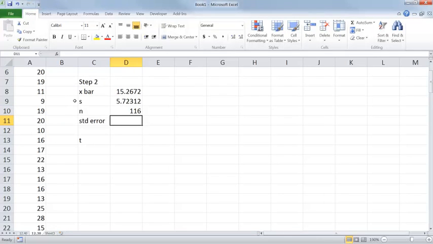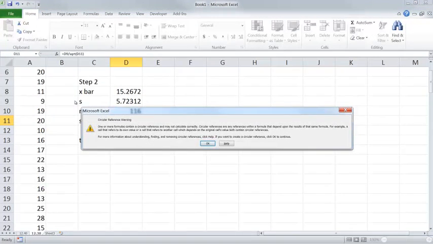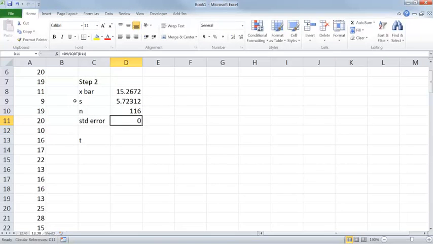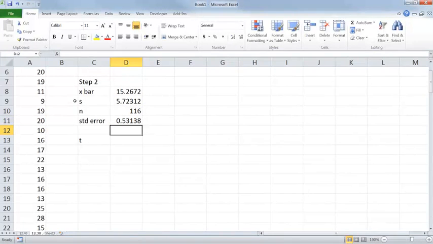So 116, okay. Remember the standard error then is just s divided by the square root of n. Equals s divided by the square root of n. There we go. 0.53.